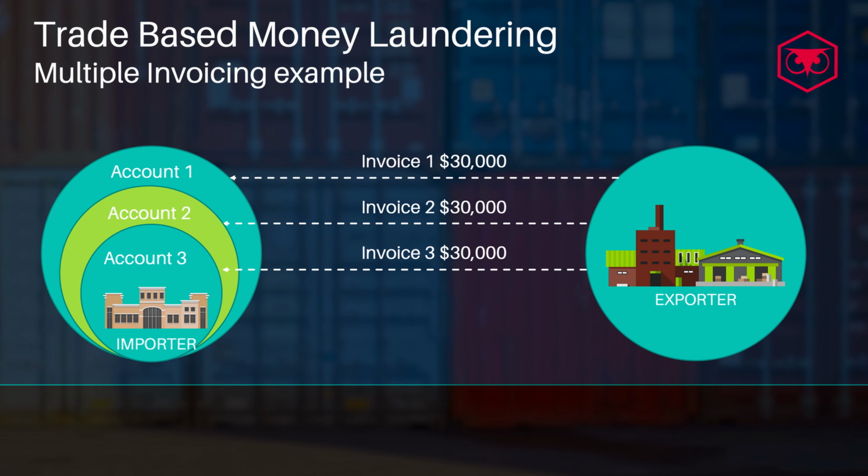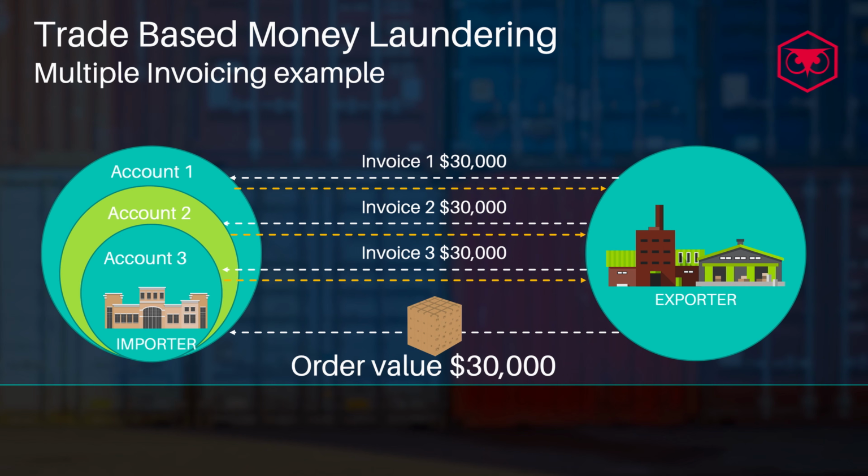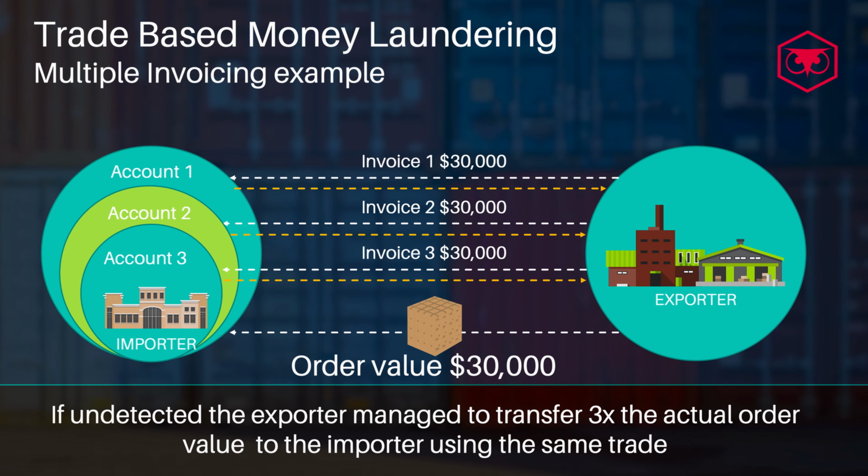All the invoices could be for the same figure. For example, the order is $30,000, and once those are paid, you can see that the exporter would have received 3 times the actual order value from the importer, using this trade-based money laundering technique and using the same trade.